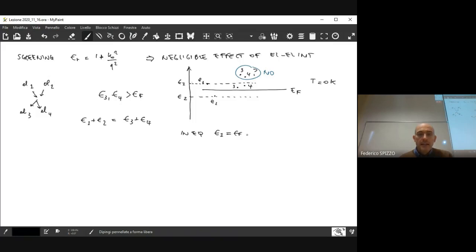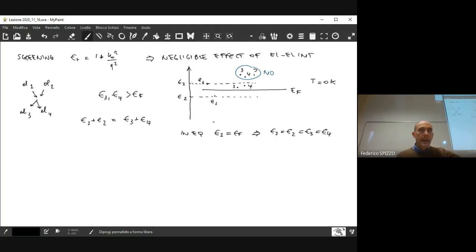If E1 has to be equal to EF, E3 and E4 have to be larger than EF. The only solution to satisfy the energy conservation is that E1 is equal to E2, is equal to E3, and is equal to E4.